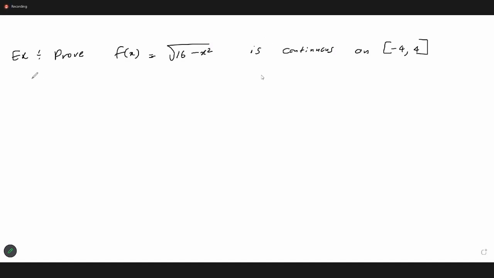Okay, now check. First, we have to prove this function is continuous within the range. That is this one. Then we have to consider this point, the lower end, and the upper end. If all three are true, then yes, this function is continuous on this range.